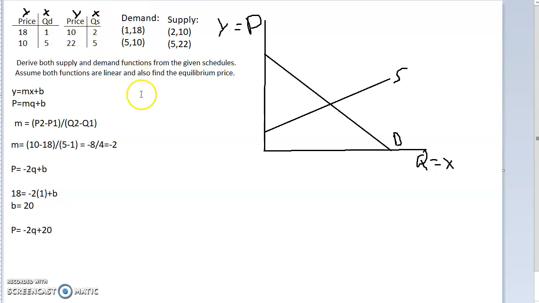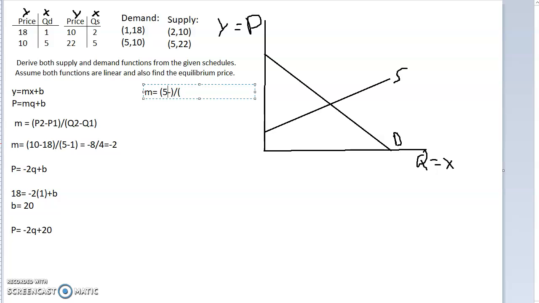Okay, let's do the supply side. So we need m equals, and I'm just going to use these two here. So let's go 5 minus 2. Oh, I did it.